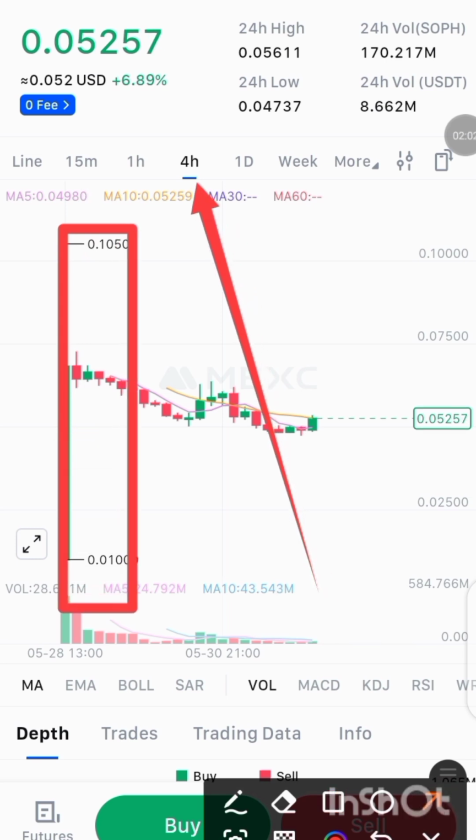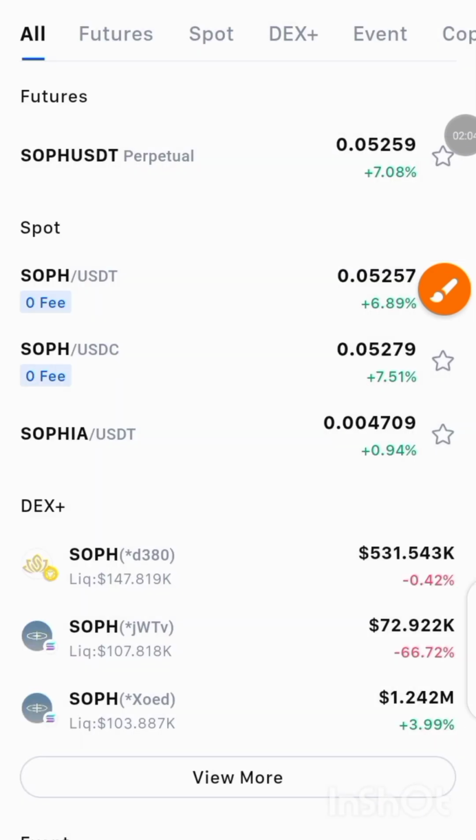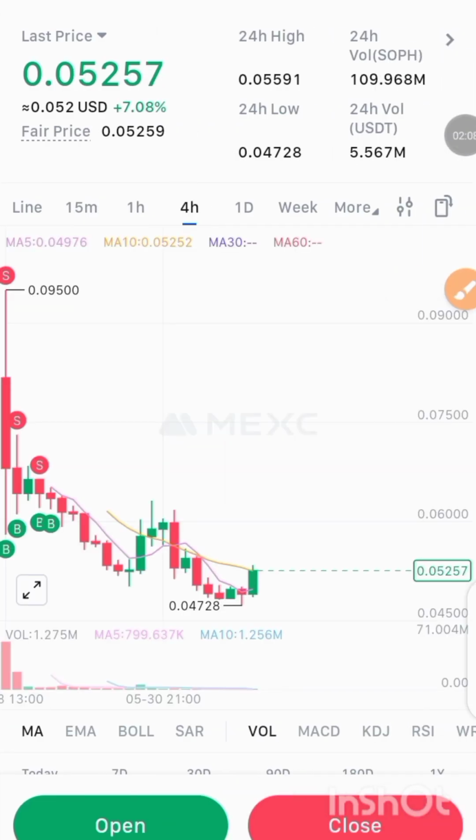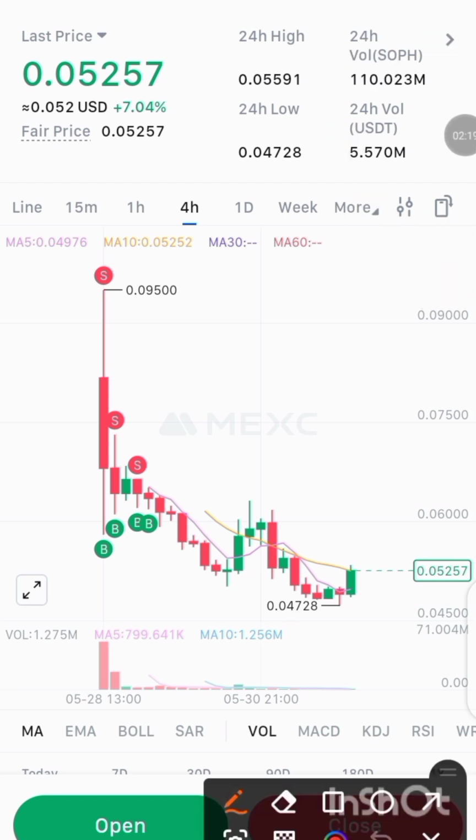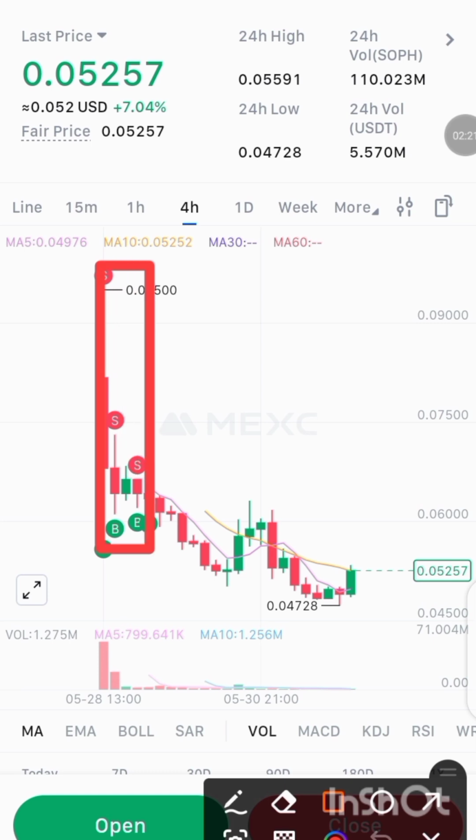Now let's go to the future and see if this particular candlestick is the same. This coin was launched in the same hour, the same minute, and the same everything. So you can see over here what happened within this 4-hour time frame.